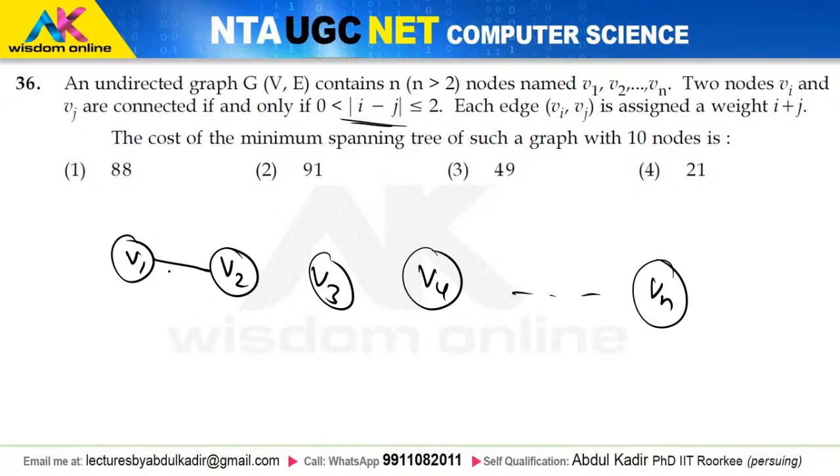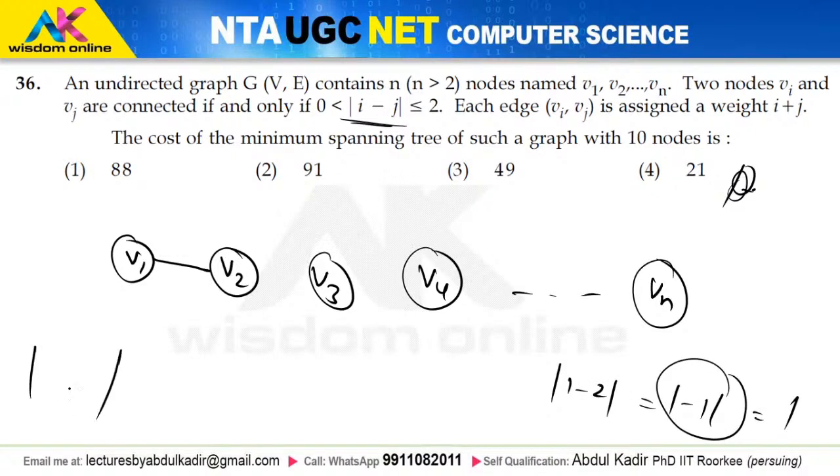This is a modulus operation: 1 minus 2 is minus 1, and the modulus makes everything positive, so it becomes 1. So v1 is connected to v2, and v1 is connected to v3 also, because |1 minus 3| is equal to 2. Remember, v1 is not connected to v4 because |1 minus 4| is equal to 3.